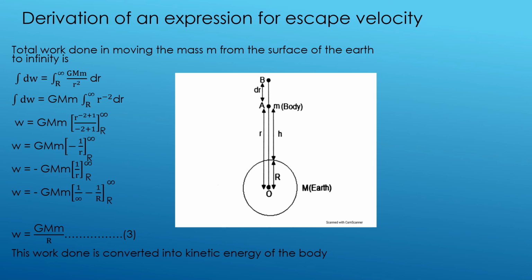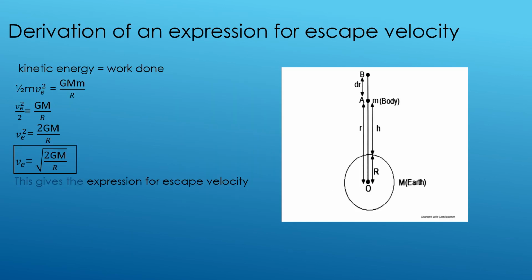This is the work done, which is converted into the kinetic energy of the body. So kinetic energy is equal to work done. What is kinetic energy? Half m v square, where v is the escape velocity of the body, that is VE.